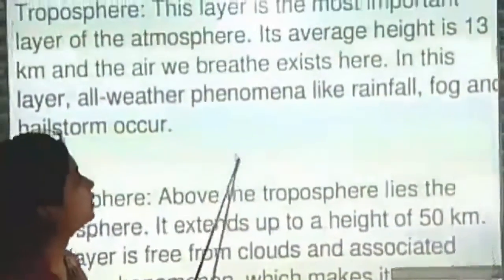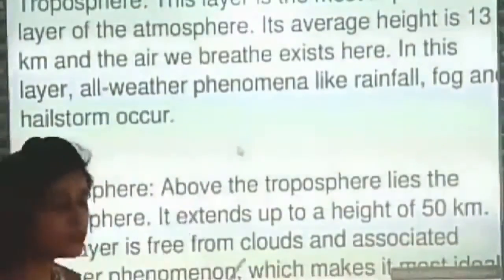In this layer, all weather phenomena like rainfall, fog, thundering, and hailstorms occur. All the weather related changes happen in the troposphere.